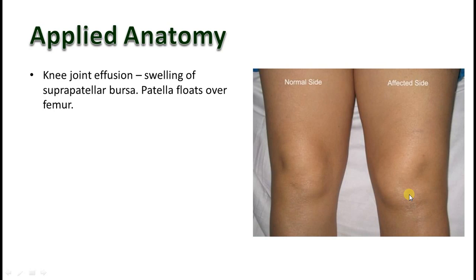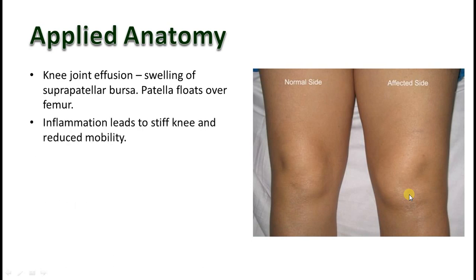The other reasons where the knee joint effusion takes place: dislocation of the knee joint, ligament tears or meniscal tear. Any of the ligaments is injured, especially your tibial and fibular collateral ligament, or if your menisci is injured, then also it leads to knee joint effusion.